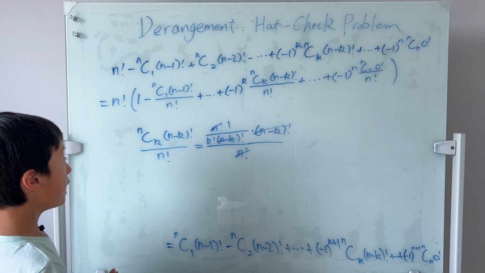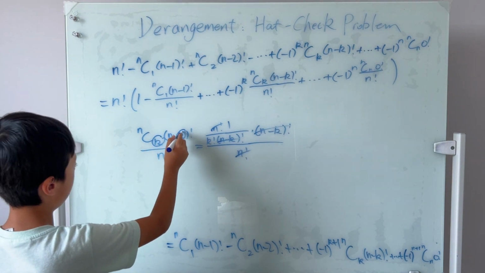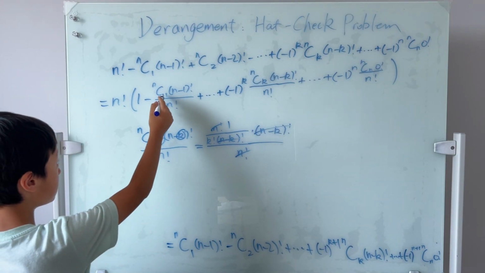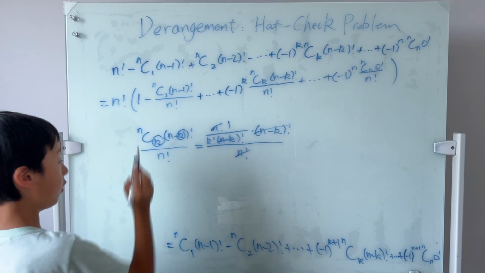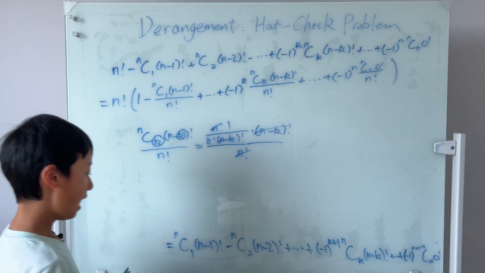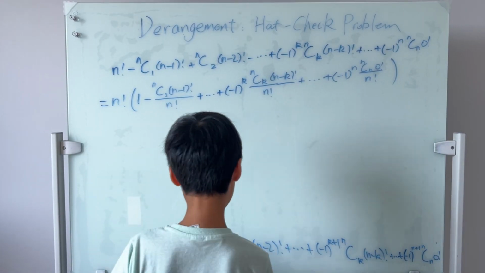Now, if this is 1 over k factorial, the k is here, or here. I'm just going to say here. So this would be 1 over k factorial, which in this case is 1. So 1 over 1 factorial. And that being said, I'm going to write it again.